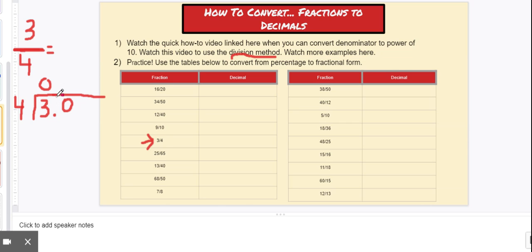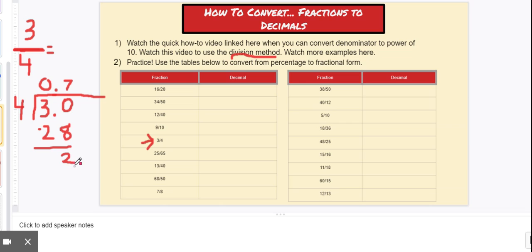So we add this decimal in, and we can pretty much ignore it now that we plop it up top in our quotient zone where our answer is going to go. Now we can ask, how many times does 4 fit into 30? It fits 7 times, and 4 times 7 gets us 28. As we subtract, we're left with 2 left over.